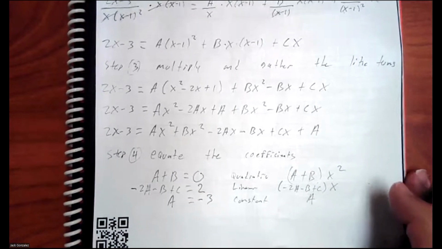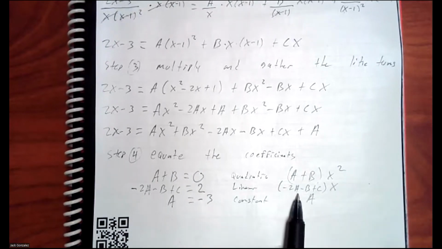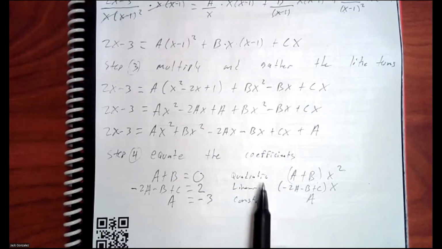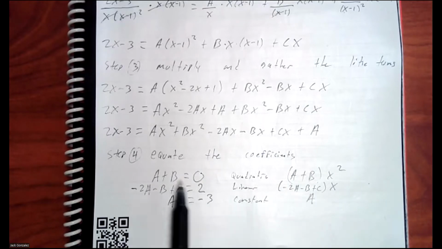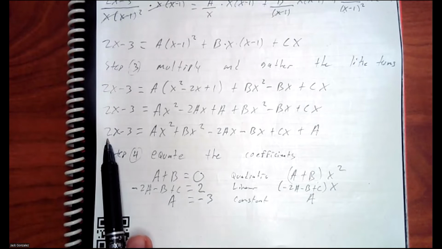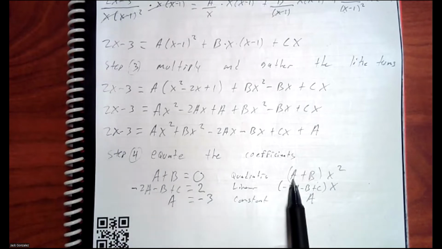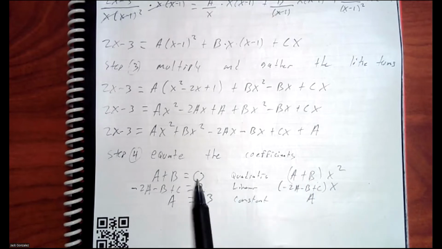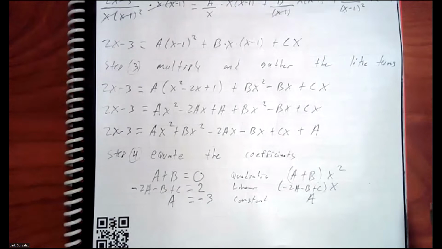That makes sense. These are the coefficients of all the x terms. Set them equal to the coefficient of the other side. These are the coefficients of the quadratics. There is none, so that's why it's 0. 0, 2, negative 3. Okay. Any questions on that step?